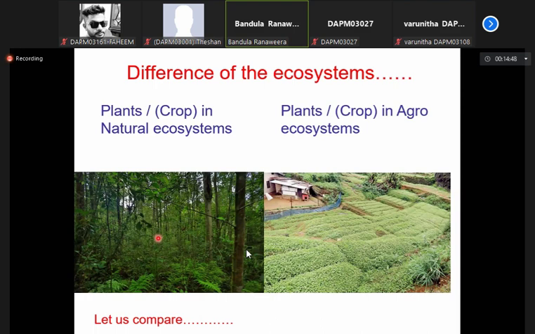So we are going to talk about the problem of pest management, the necessity of pest management in these two systems. And obviously, maybe we are not taking any action in searching for food in the jungle, but in agro ecosystem, we have to accept that there are many pest problems, and we have to take actions to control those problems.